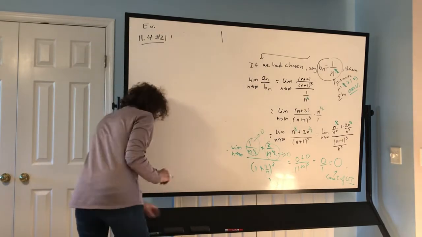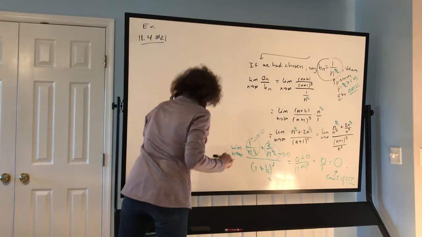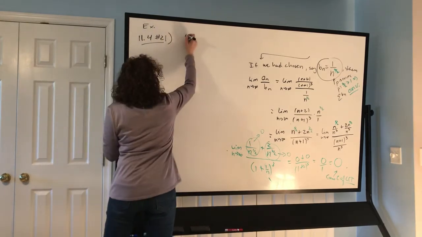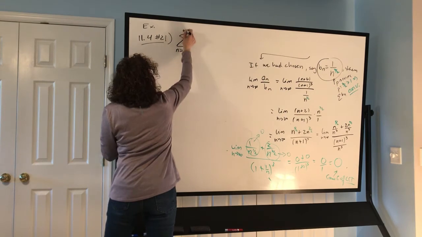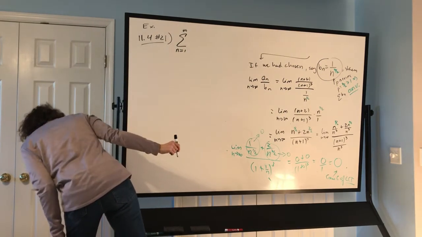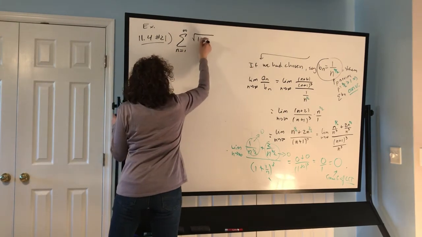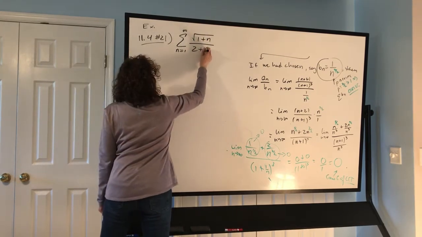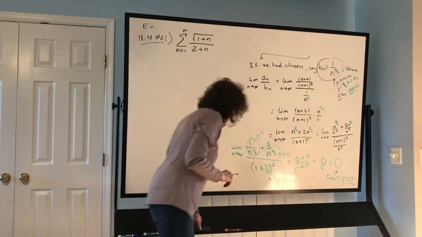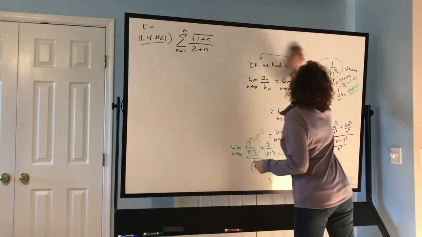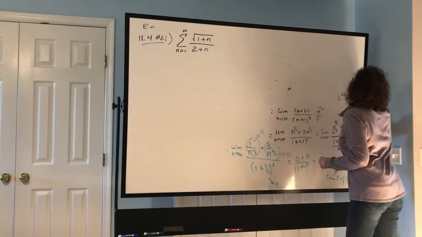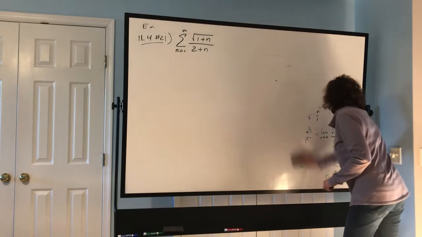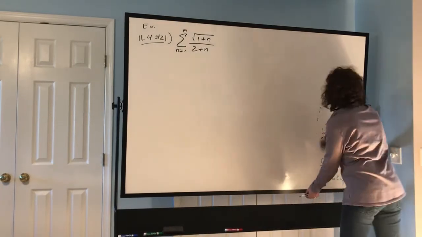Number 21: the sum from n equals 1 to infinity of the square root of (1 plus n) over (2 plus n). What should you do?